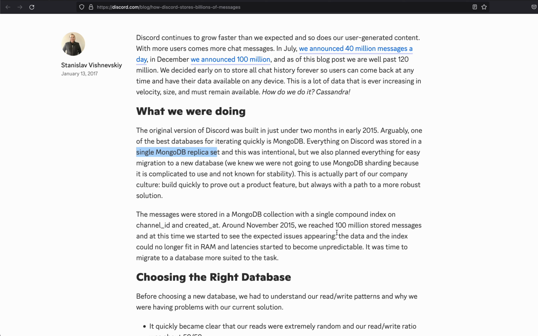As a result, the data and index could not fit into RAM, and they started to feel latencies and other unpredictable issues. So they said it was time to migrate to a more suitable database.